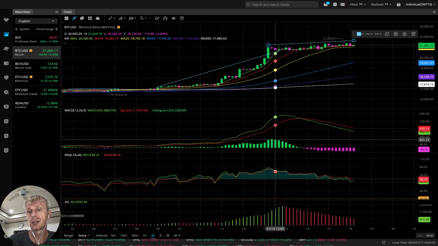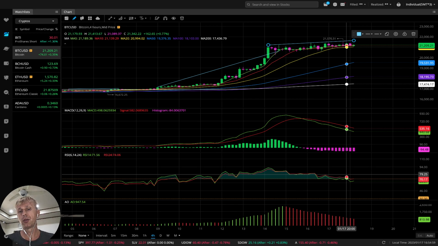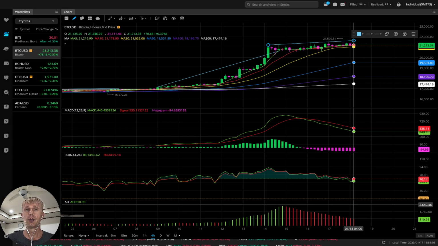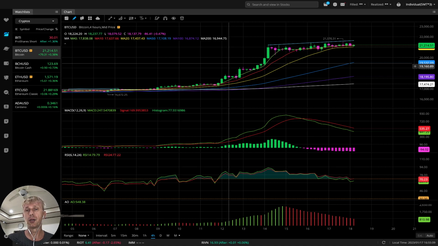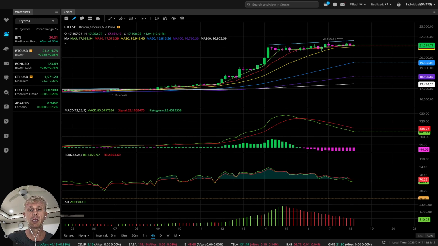On the MACD histogram, bearish trend and bearish divergence. RSI, bearish trend and bearish divergence. Awesome oscillator, bearish divergence. Looks like Bitcoin on 4 hours wants to have correction. It wants to go bearish. It wants to have some correction. Be ready for it. 4 hours, bearish divergences.